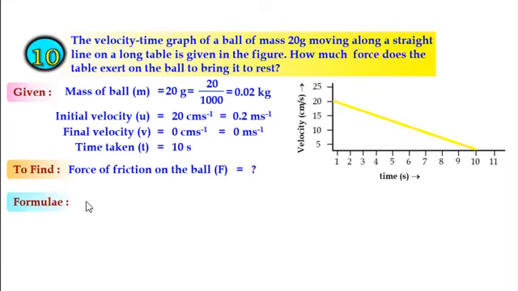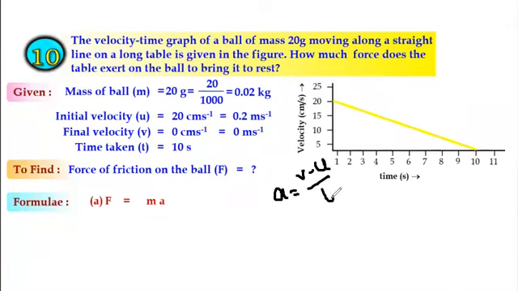Formula: force is equal to mass into acceleration. Is it right? So here there is no direct value of acceleration. You know very well what is acceleration: final velocity minus initial velocity by time taken.